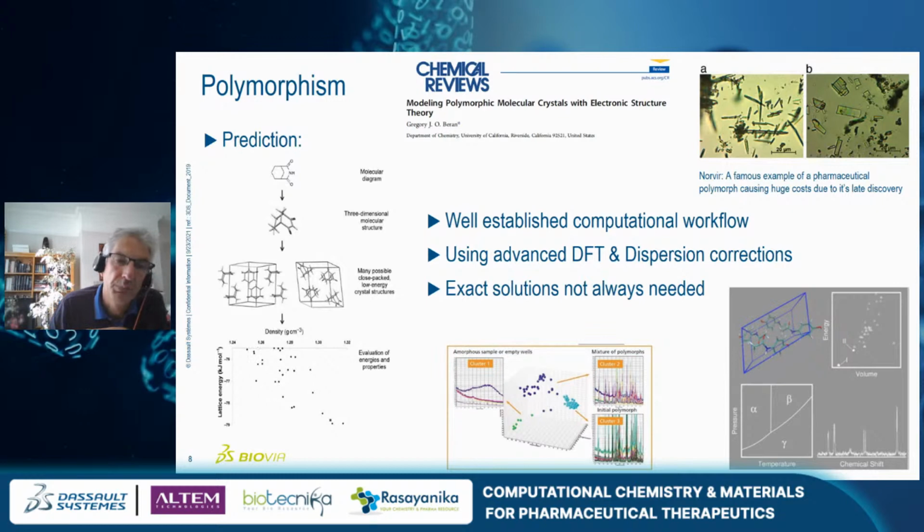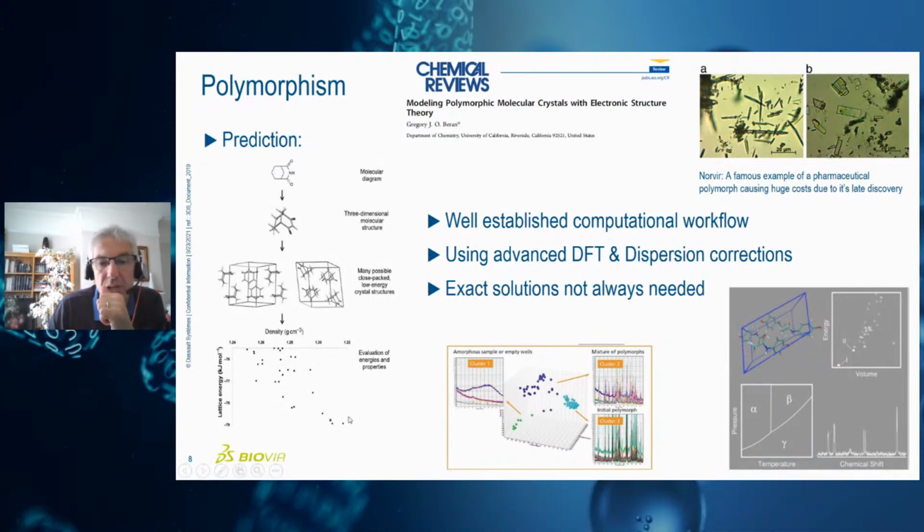So we typically plot density versus the lattice energies, the stability of the drug, of the crystal cell if you wish, and that's cohesion. And then if we have too many points down here, then we know that this drug is likely to present different polymorphic forms.